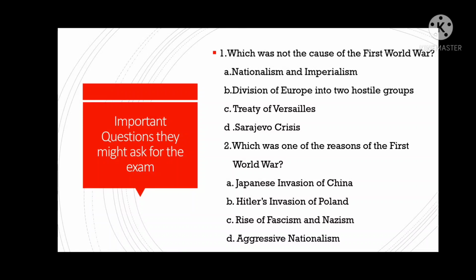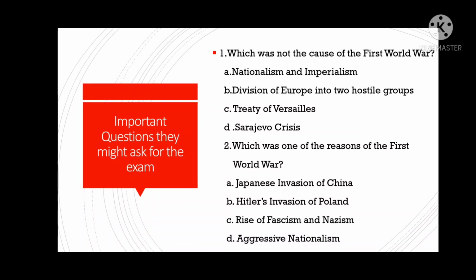They might ask which was not the cause of the First World War. We know there are many reasons, but in our syllabus we have to learn only 3. Just recall: nationalism and imperialism, also known as aggressive nationalism or militant nationalism.